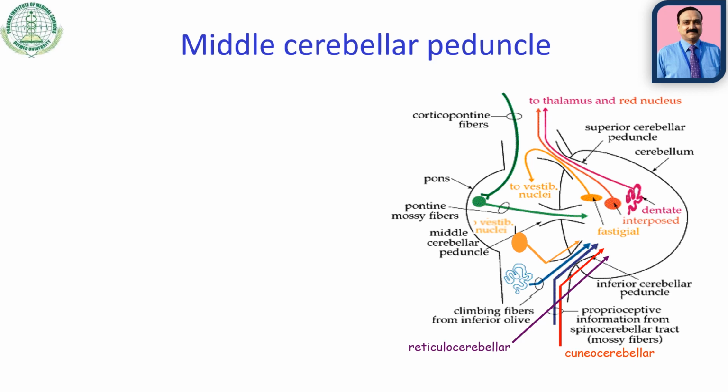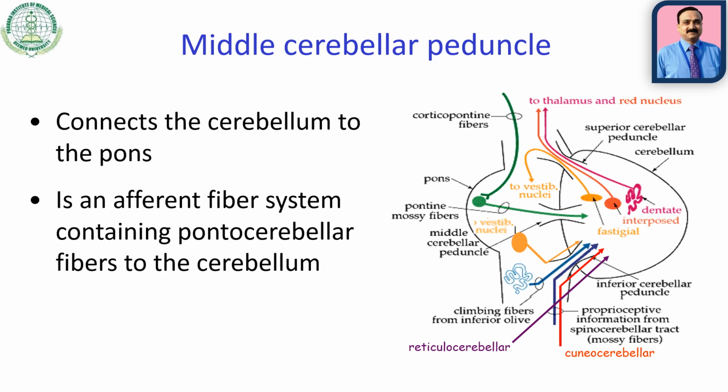Now coming to the second part, that is the middle cerebellar peduncle. This is a bundle of white substance containing mainly afferent fibers and connects the cerebellum with the pons. It also has two types of fibers, afferent and efferent.